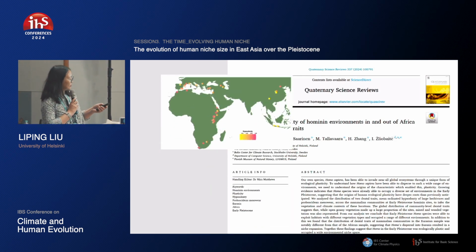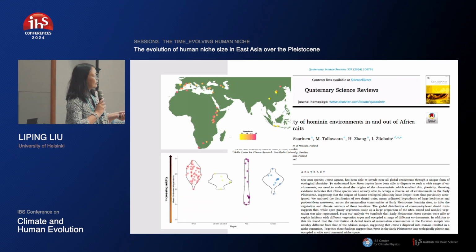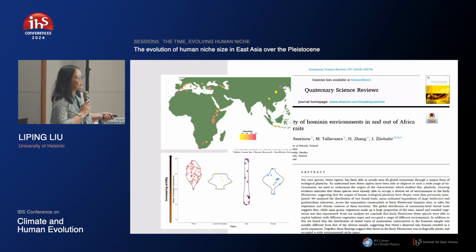In this article, we use all these fossil sites, which have both Homo fossils and artifacts, and then see how the hypsodonty is distributed. We separate Africa, Levant, Caucasus, Asia, and Europe.